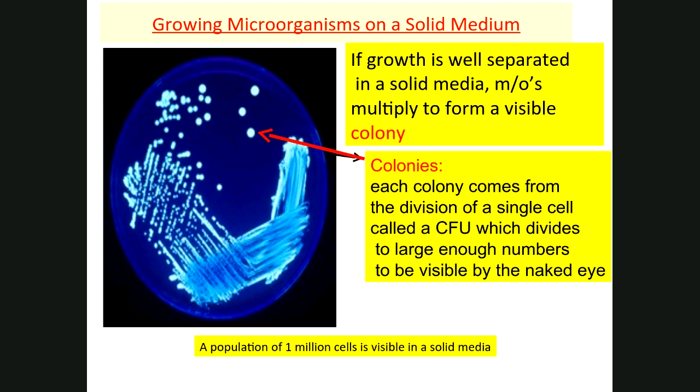So the easiest way to create a pure culture is to attain isolated colonies, and then from those, pick one and transfer it to a nutrient broth, for example, or a nutrient agar slant, or to another plate. And once growth is attained, then you have a pure culture.